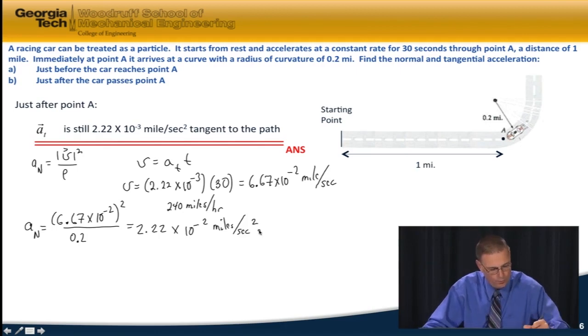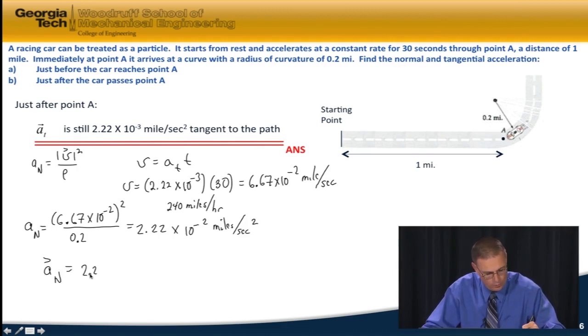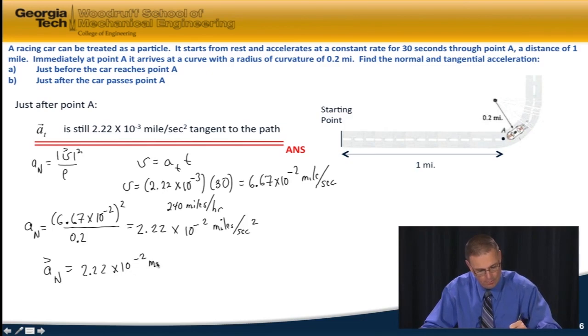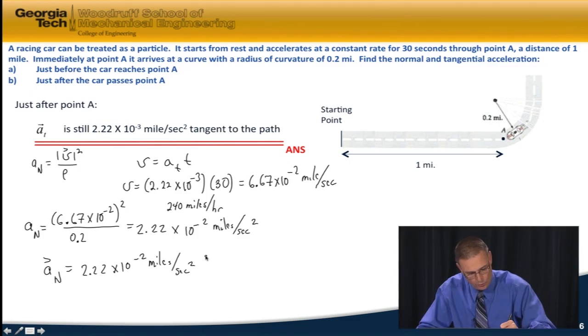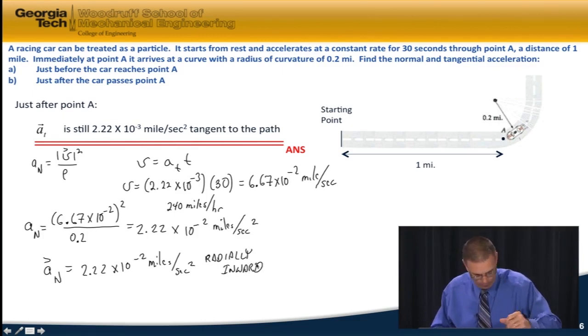And so we have the normal acceleration as a vector: 2.22 times 10 to the minus 2 miles per second squared, and the direction is going to be radially inward. And so that completes the problem.